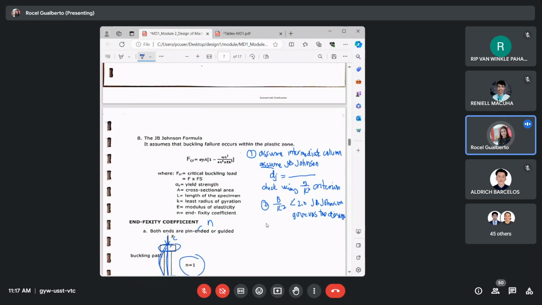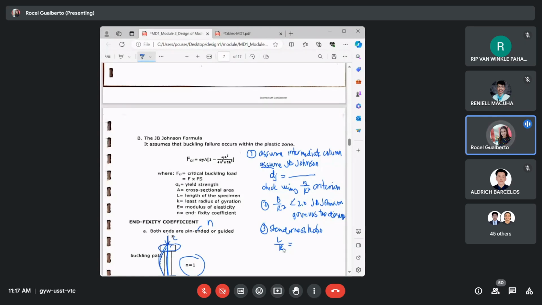Kaya, anong gagawin mo? May pangatlo ka. You check using the slenderness ratio L over K. Ang gagamitin po natin K dito ay yung naging sagot po natin dito sa JB Johnson. Same thing din sa B over K squared. Doon sa K natin, ang isa-substitute natin, halimbawa, diameter would be diameter coming from the JB Johnson.